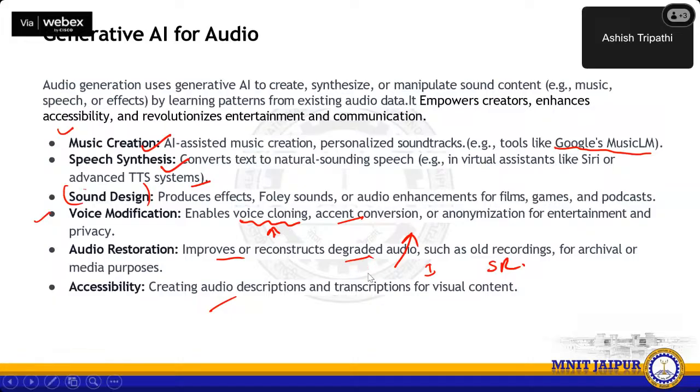For example, if for some reason we are not able to capture good quality voice, then we can use generative AI-based methods to improve the quality of the audio and recordings.